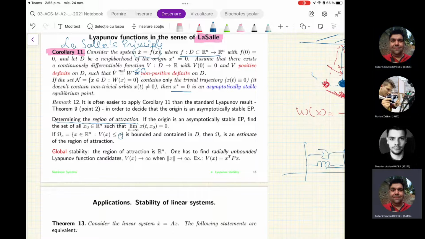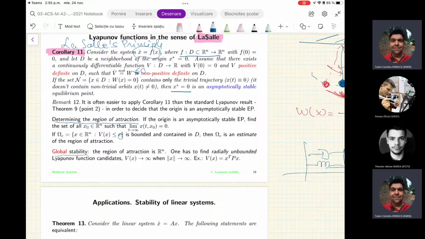So a few words about global stability. All these results are very nice, and they can still be proven. However, for the case of global stability, very few complete results exist. You can look in the book of Khalil for global stability results.